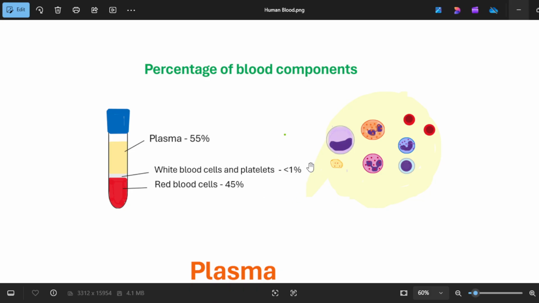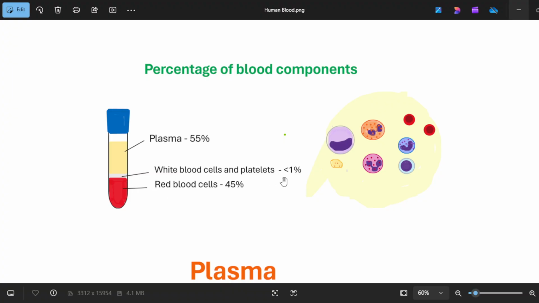They do the important work of fighting infections, but they are very less in number. So that is enough for our body. So that's why they are less in number. And if you see the red blood cells, they constitute nearly 45 percentage, which is also a huge percentage, because they have to carry oxygen to all the parts of the body, because without oxygen our body will not survive.